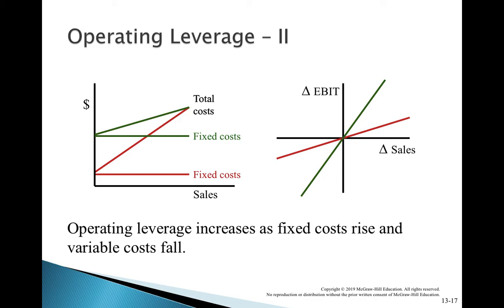The fixed cost is much higher than company B. Company B's fixed cost is a much lower line. Therefore, you can see the total cost of company B is much lower than company A most of the time. And for company A, even if there is no production, the fixed cost is much higher, so the total cost also will be much higher. Therefore, the operating leverage will be very high. For company B, the operating leverage will be low because the fixed cost is under control.